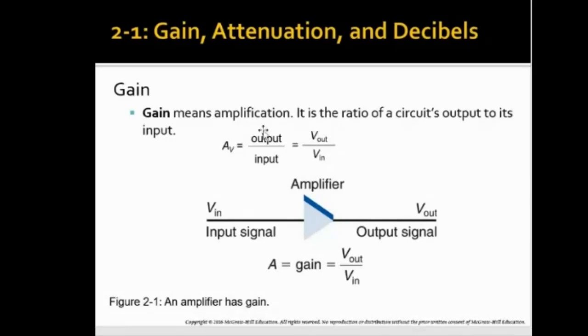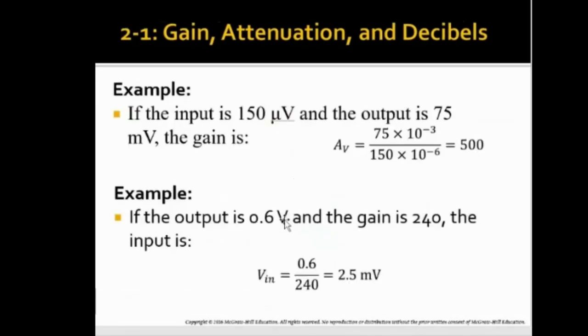As the equation shows, it is the output divided by the input. It can be voltage, for example. It is usually shown by this triangle, representing that we are amplifying. Or it could be in terms of power, which we will see a little later. For example, if the input is 150 microvolts and the output is 75 millivolts, what is the gain?